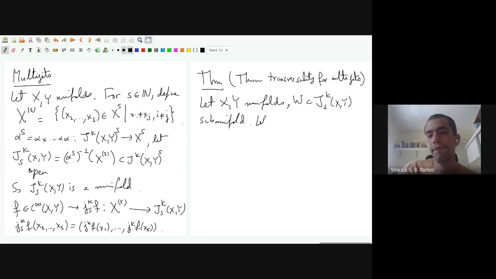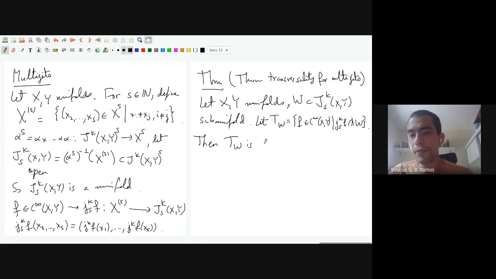And let T_W be the set of functions such that the sk multi-jet of f is transverse to W. Then T_W is residual. Moreover, if W is compact, then T_W is open.